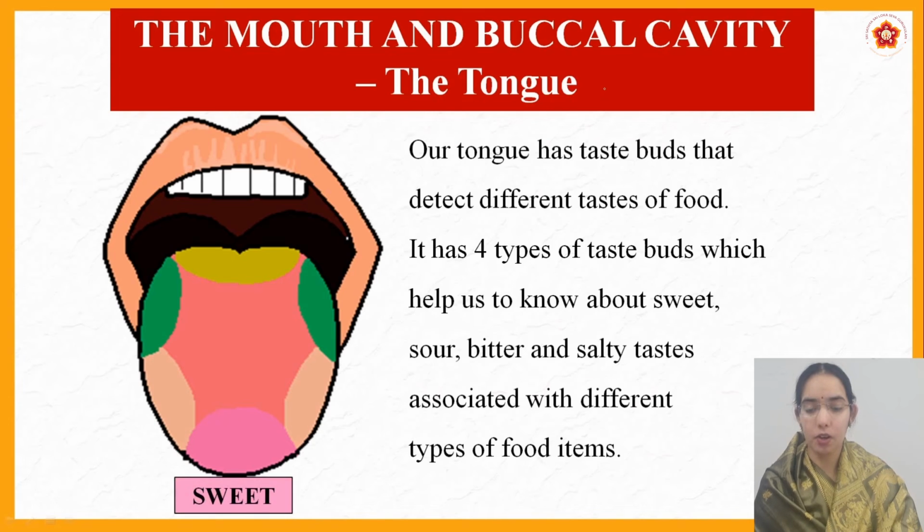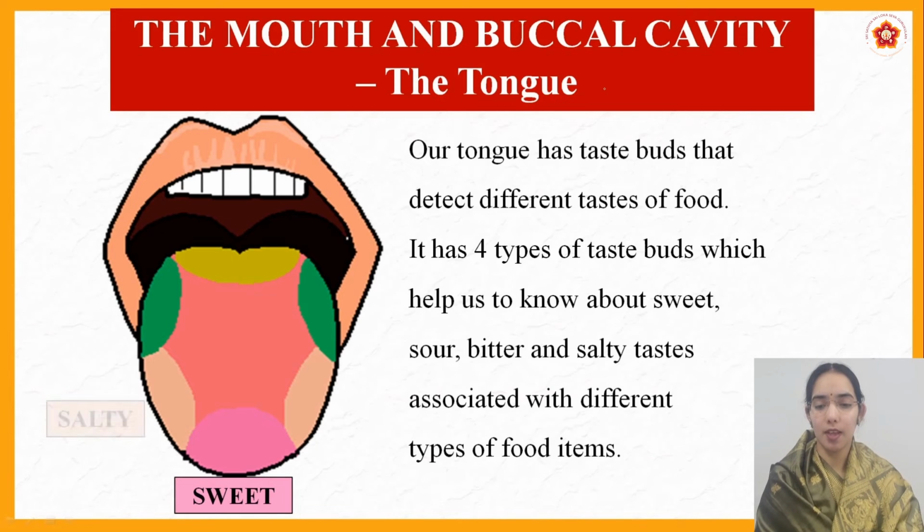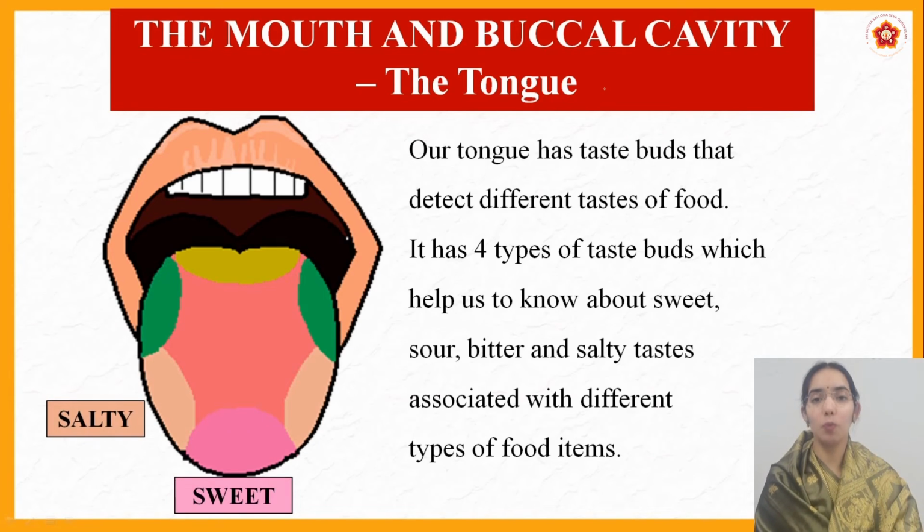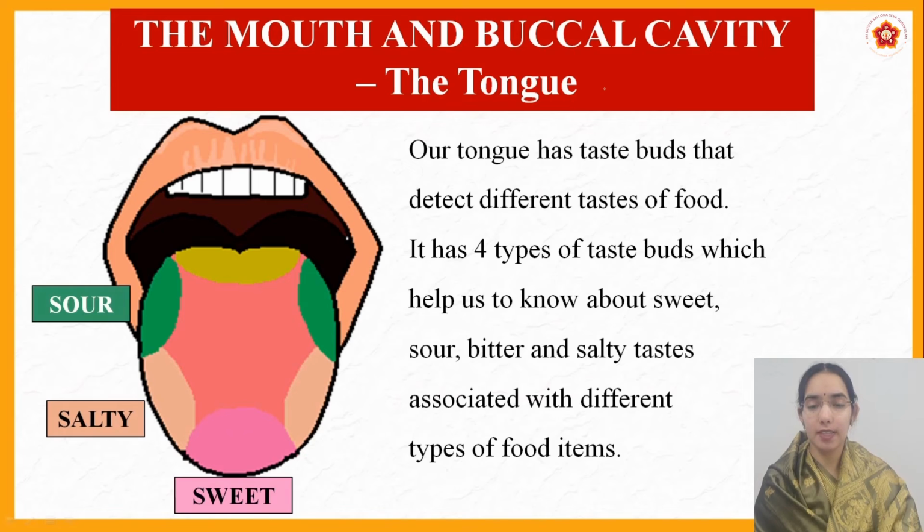In the front, you have the taste buds that can taste sweet things. Then on both the sides, you can taste salty things. While on the sides at the back, they are used for tasting sour things.